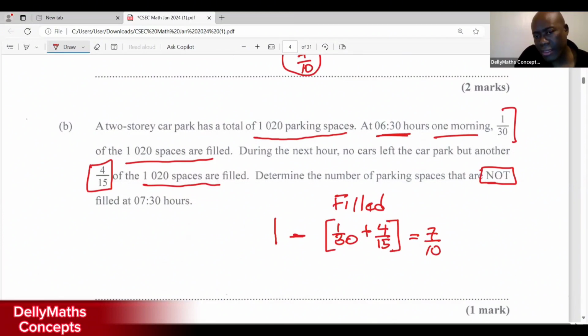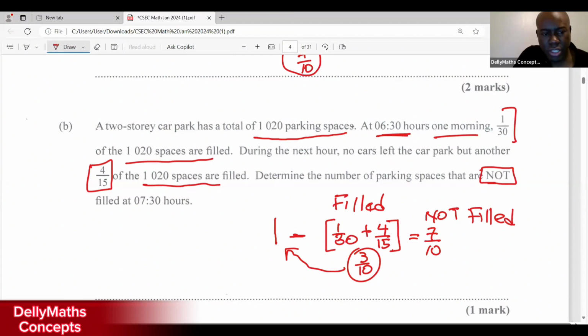So remember though that this here had to be 3/10, right? This is the part that was filled. And when we took that from 1, we're left with not filled, which would have been 7/10 as a fraction.